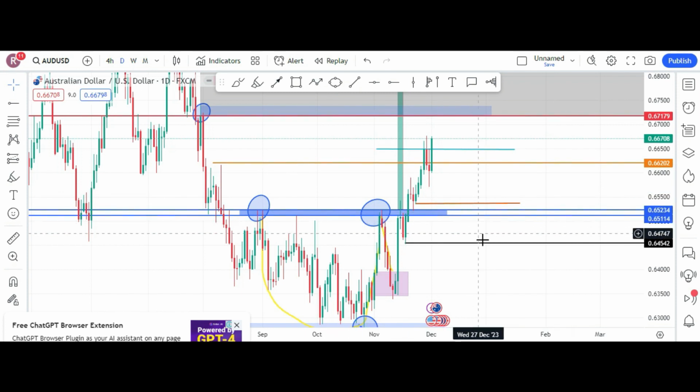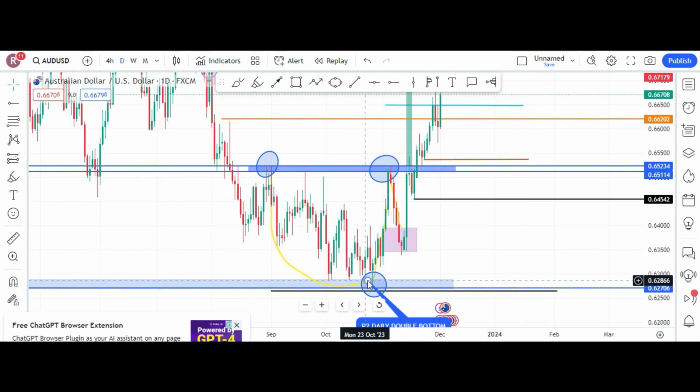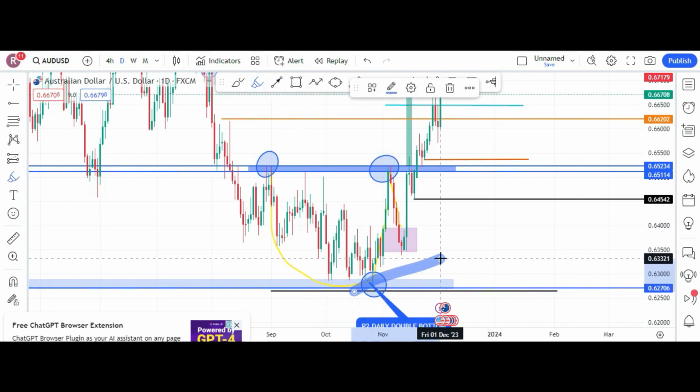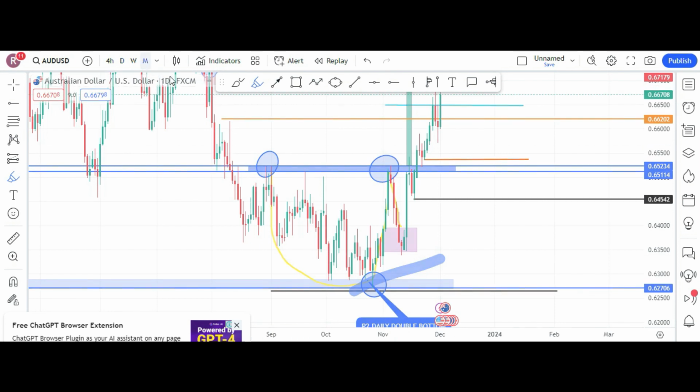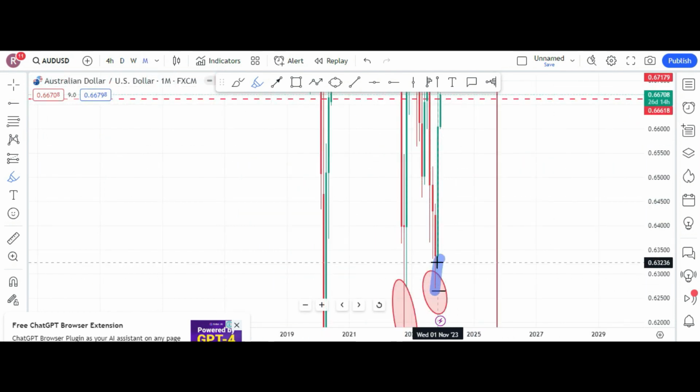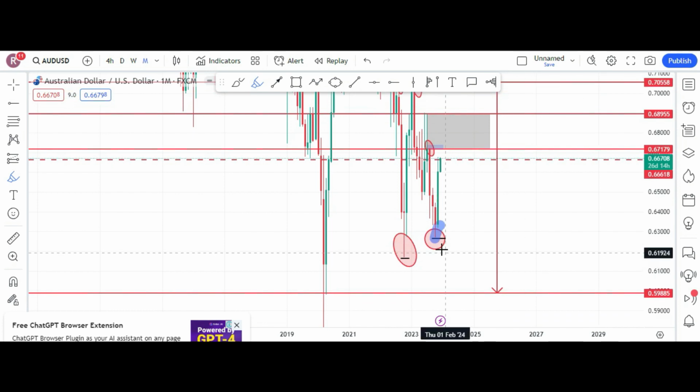Now, this price, let me mark it so you can understand later. What we have seen in monthly, what made this go up in the month, there was no double bottom.